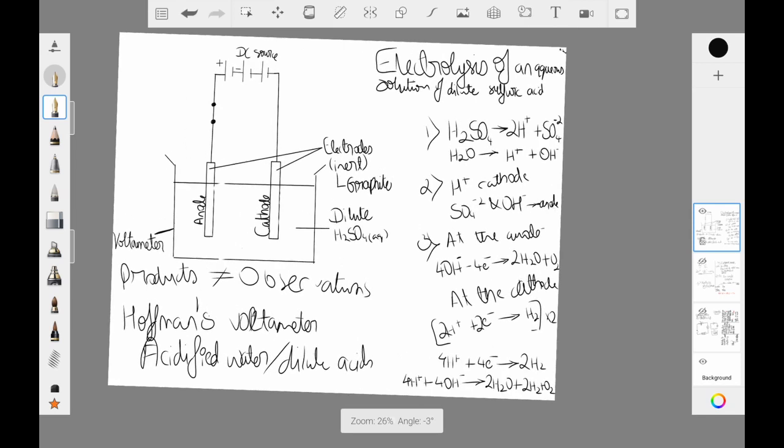So we've already looked at the electrolysis of dilute sulfuric acid using a normal electrolytic cell. So I'm now going to draw the Hofmann's voltameter and show, the electrolysis will be the same, but I'll just show the difference between a normal electrolytic cell and the Hofmann's voltameter.